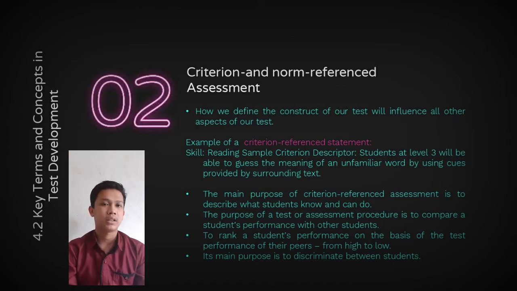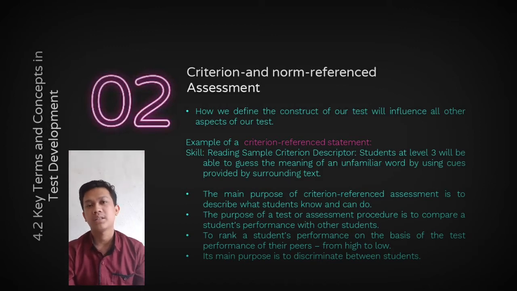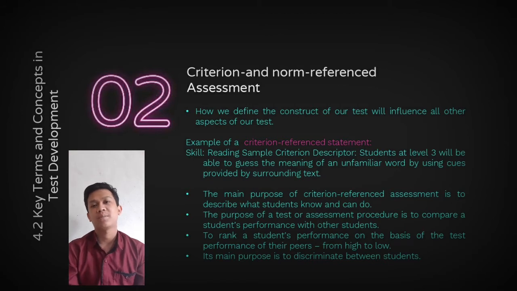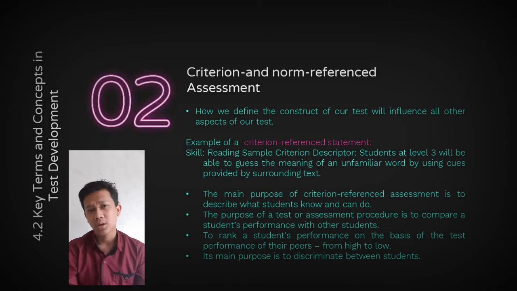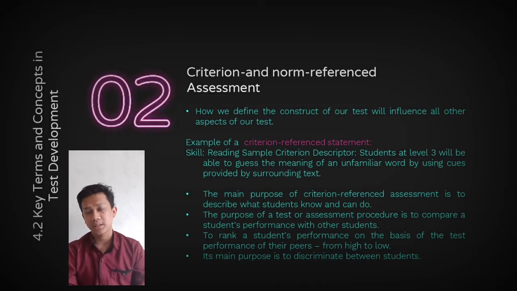So what is a criterion reference test? It is designed to measure a student's academic performance against some standard or criteria. For example, of a criterion reference statement, just take a look at the example. Here, skill: reading.